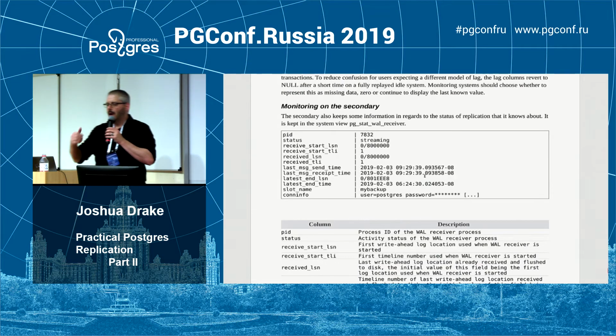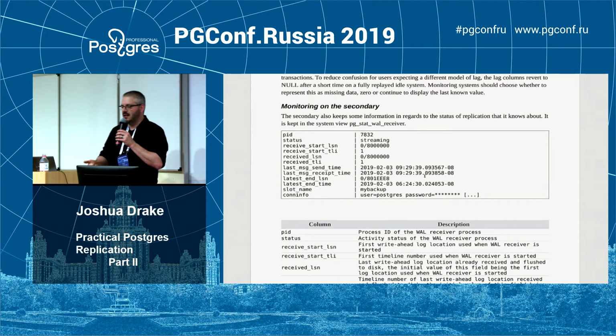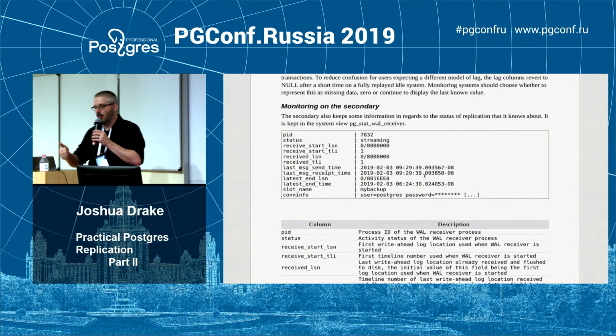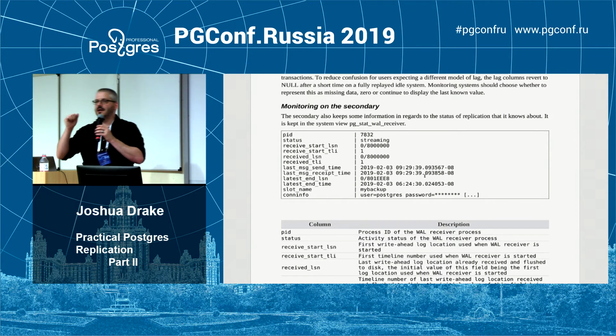Now we know whether we're streaming, what LSN we have received, the start of the LSN, what LSN we've actually received, last message send time, last message receipt time, the end of the LSN, slot name, as well as your complete connection info, but it does hash out the password.